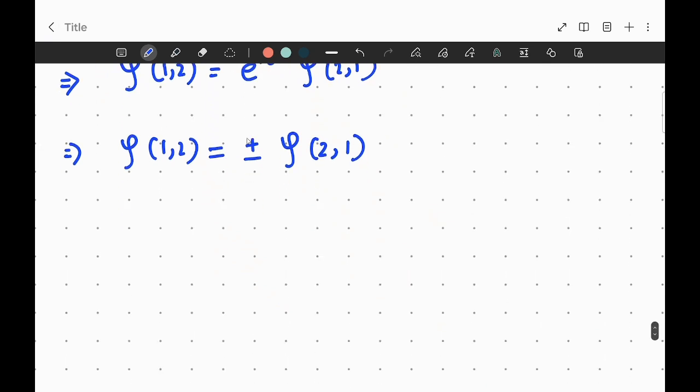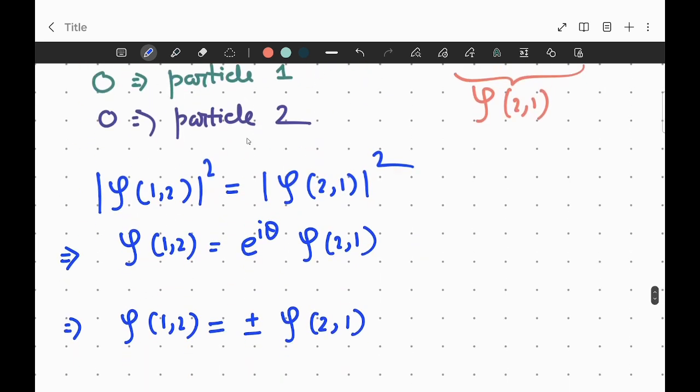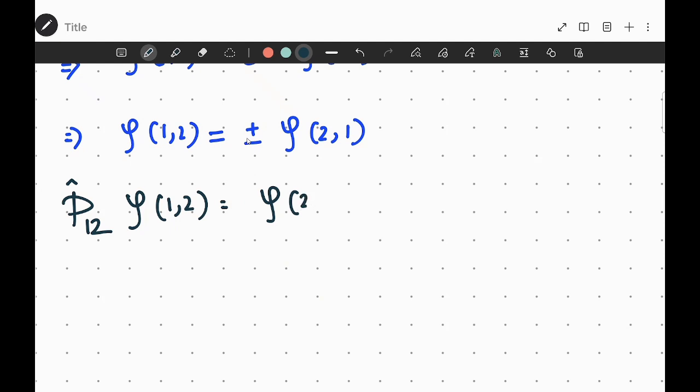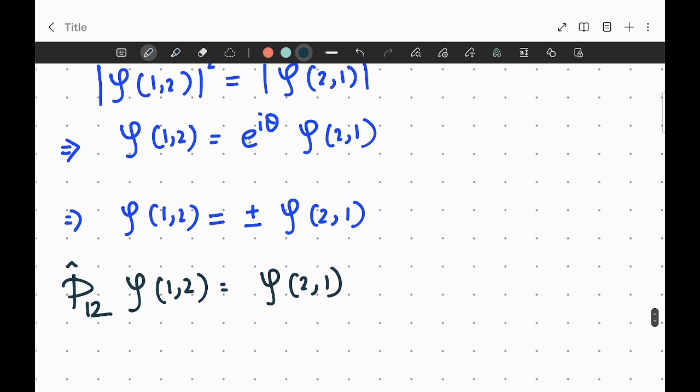So if this is the case, now we know that what we defined earlier, the permutation operator P12, when you apply it on psi 1 2, you obtain psi 2 1. You can take this definition as well. Both definitions are correct. There is no mistake.